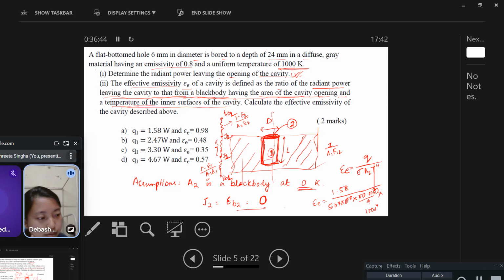So this is epsilon. You will get around 0.98, and 0.98 is almost equal to 1. That means it is almost a black body. We had already considered it as a black body, but this is the effective emissivity, 0.98.